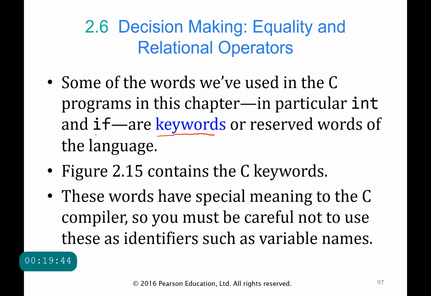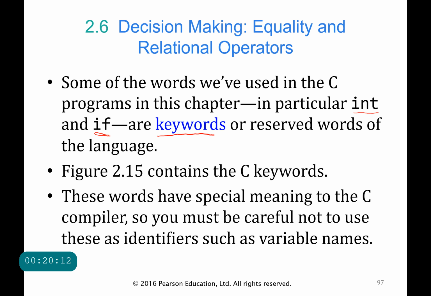If is an example of a keyword because it has a special meaning inside the C language. Int has a special meaning inside C language, so it also is a keyword. One thing that you want to remember about keywords is that keywords should not be used as names of variables.